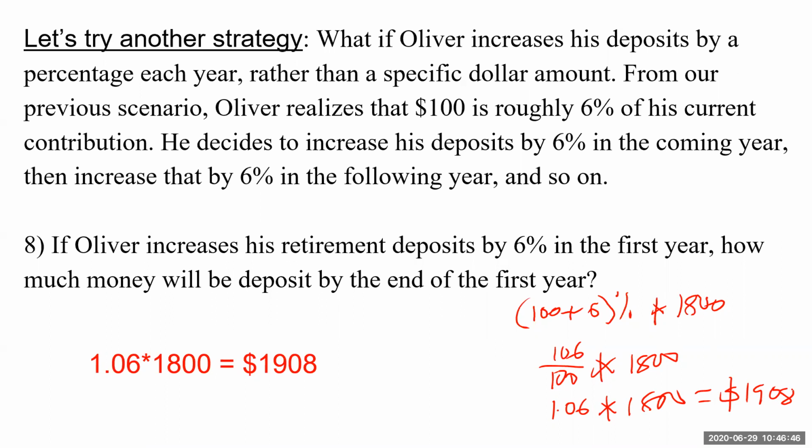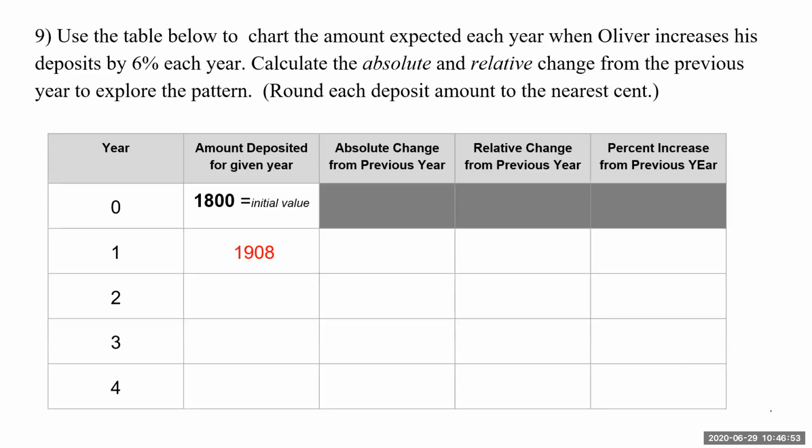Now, the second year, we are going to do 1.06 multiplied by that. And let's put that on the table. So look at it. Here you do that. So it is increasing by 1.06. To find the second year, we have to multiply this amount by 1.06.